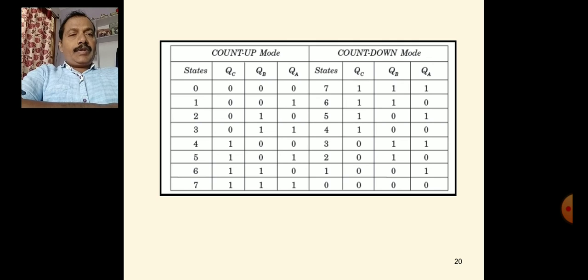So this is the sequence of counting up and counting down from 000 to 111, 0 to 7. This is a 3-bit counter, so it counts up to 8 pulses. It is called a mode 8 counter. Down counting is also from 7 to 000.